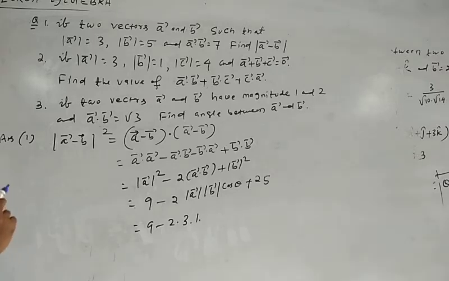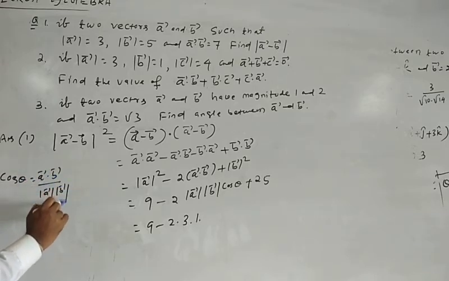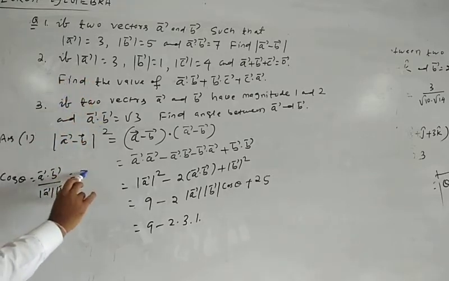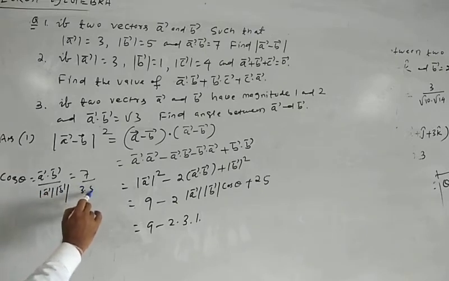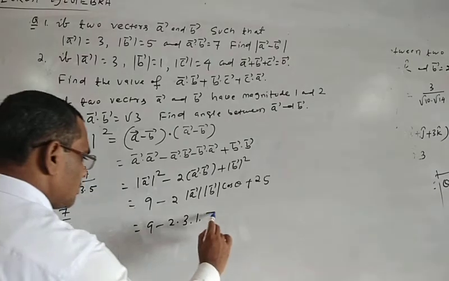Cos theta is equal to a vector dot b vector by a vector magnitude into b vector magnitude. So a dot b is equal to 7, a vector magnitude is equal to 3 and b vector magnitude equal to 5, so 3 into 5, 15. So this is equal to 7 by 15. So cos theta is equal to 7 by 15. Substitute this value.